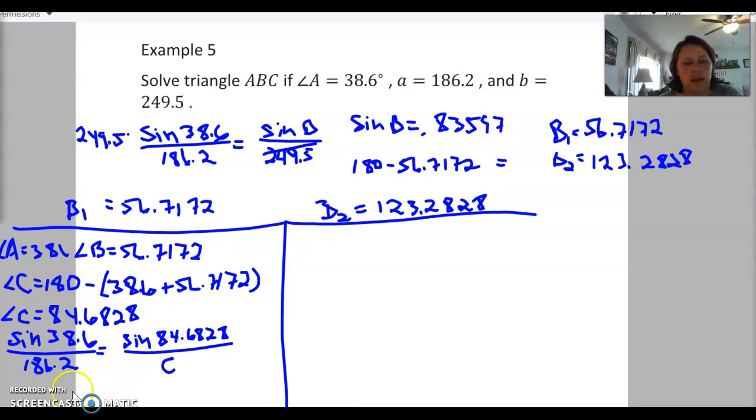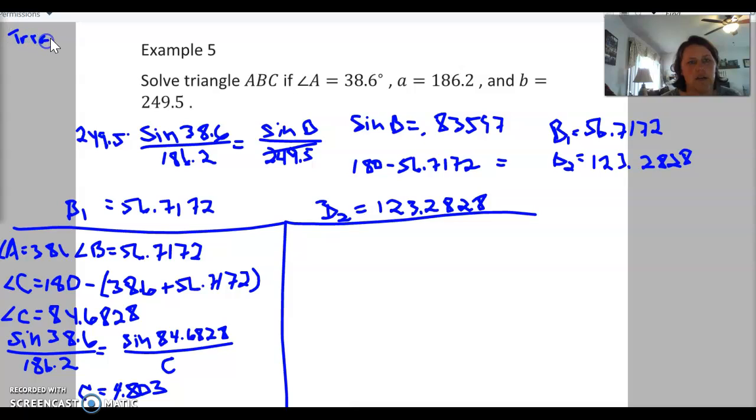Cross multiply, do all of your math there, and you should end up with side C equaling 4.803. Okay, so that is all for triangle number 1.